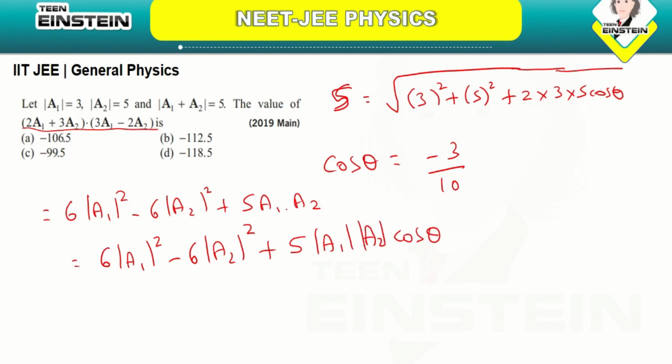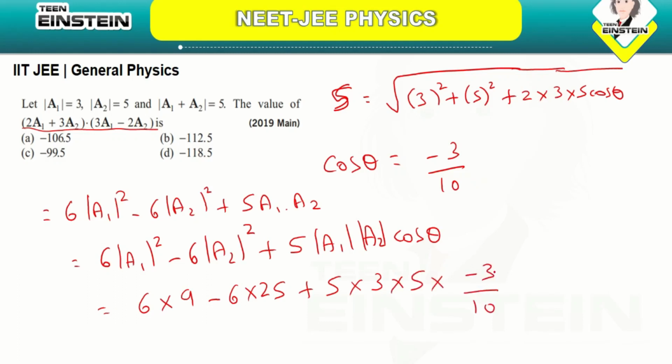So when you solve this, 6 a1 square is 9. So 6 into 9 minus 6 into 25, because a2 is 5, so square is 25, plus 5 into 3 into 5 into minus 3 by 10.